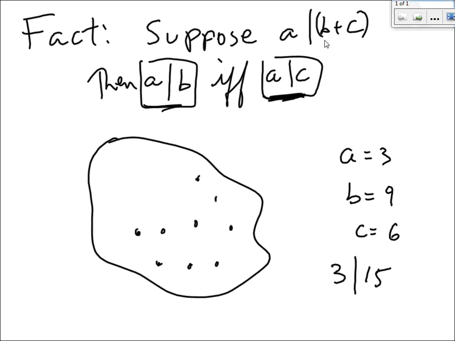What it means is, after you keep taking away 3, and then you don't have 3 more to take away, maybe you have 1 more or 2 more, but if 3 goes into 15, take away the last 3, that means there'll be none left over.